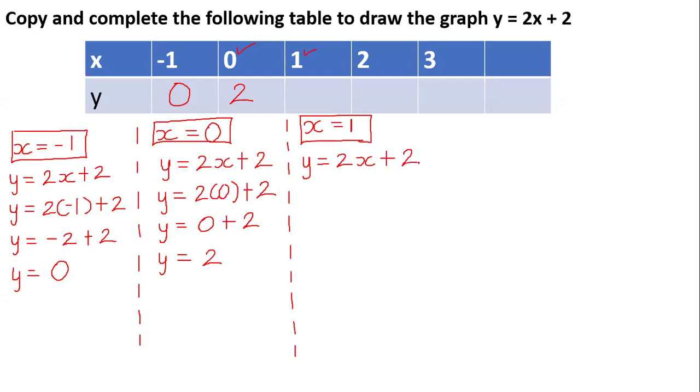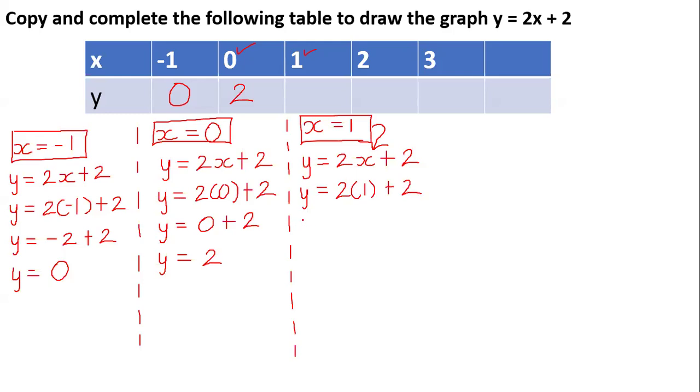Wherever we see x, we're gonna put 1, very good. So y is equal to 2, open bracket, 1, plus 2, very good.